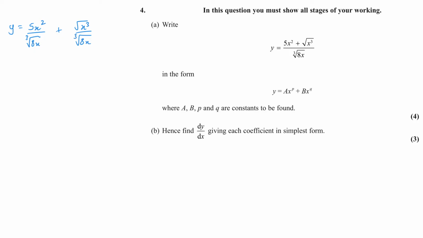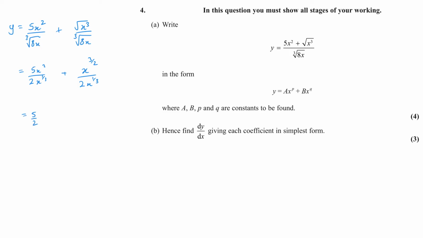Now, I normally do this in one go, but I'm going to do it in 2 separate goes. So I've done that, first split them up, and then I'm going to write them all as indices. So 5x squared over 2x to the 1/3 plus x to the 3 over 2 over 2x to the 1/3.